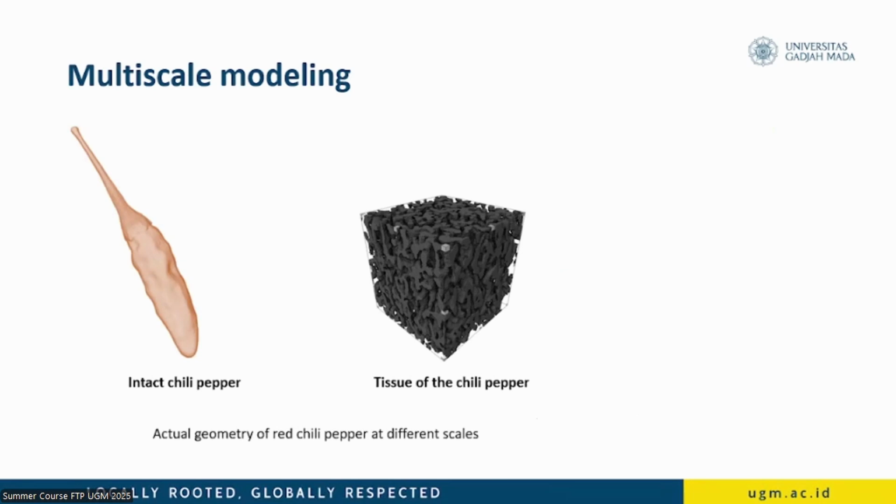And multi-scale modeling. Why the multi-scale modeling? This is a chili paper. The virtual geometry of chili pepper at the macro scale levels. And this is the virtual geometry of chili pepper at the micro scale levels. Actual geometry.